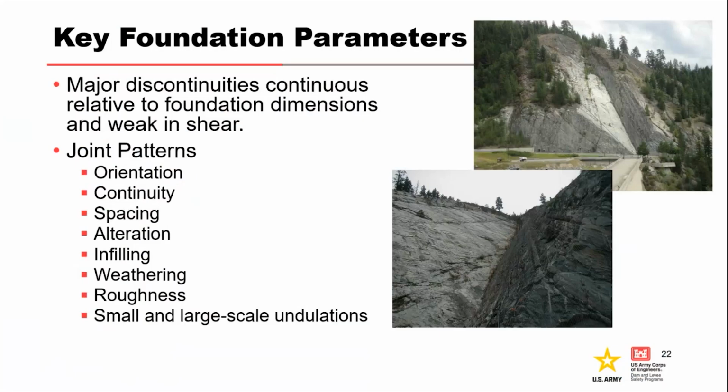So we characterize the joint patterns in the rock by understanding the orientation, continuity, spacing, alteration, infilling, weathering, roughness, and small and large scale undulations. Generally a block will slide more easily if the slide plane is in an orientation that will allow movement, is continuous, the sliding surface is smooth, planar, or contains infilling that will make it easier to slide.